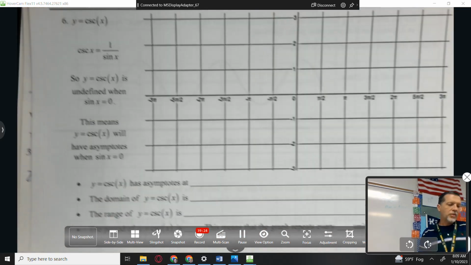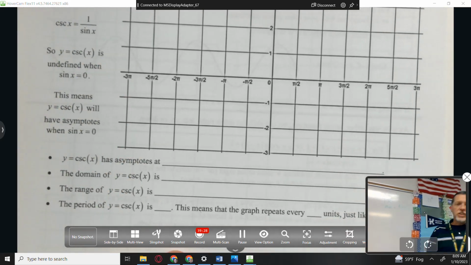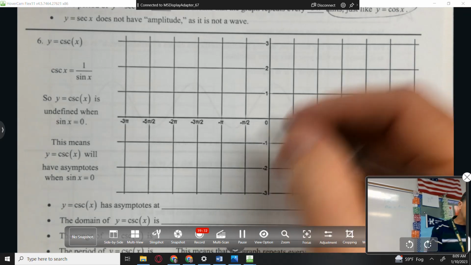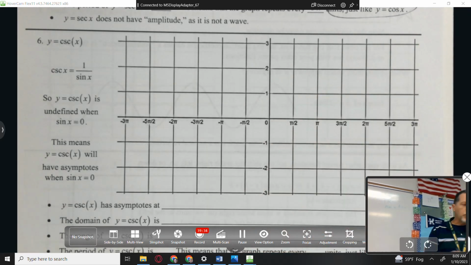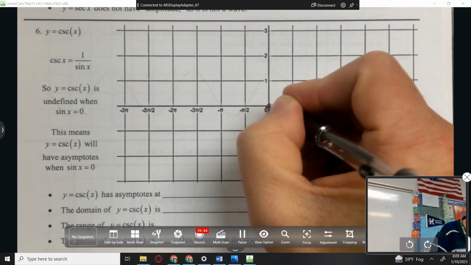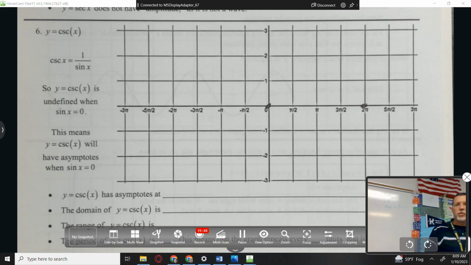All right, last one. This one will go super quick because we know how to do all these things. Cosecant's 1 over sine. So we want the flip of sine. Let's graph sine first, and then we'll do the same thing we did with secant. So where does sine start? Min, middle, or max? Middle. It starts at a 0, maybe another way to say it, which means it ends at a 0, 2 pi later.